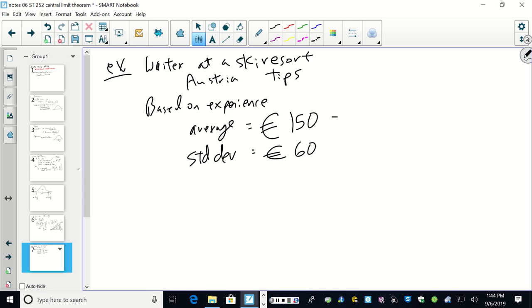So this is a mean, and this is a standard deviation. That's what it was last season, and so they believe these values to be approximately true.